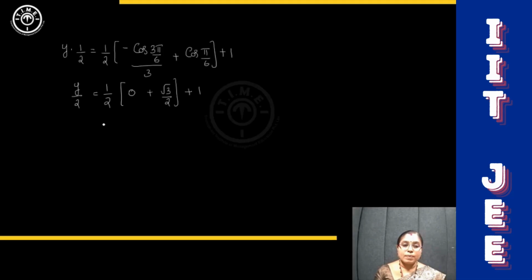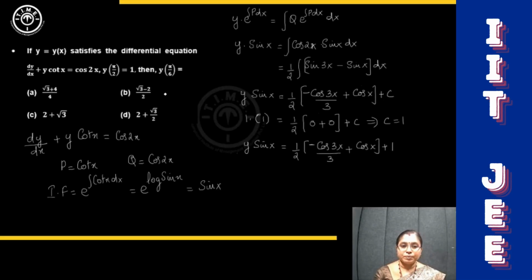So we get root 3 by 4 plus 1 equal to y by 2. Let's cross multiply by 2. So we get y equals root 3 by 2 plus 2. So the required answer is option D.